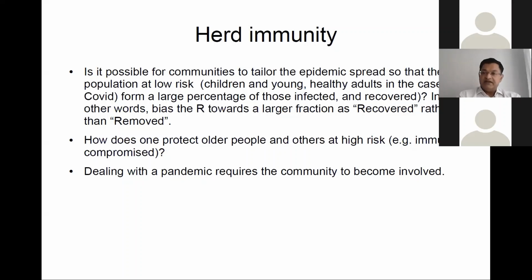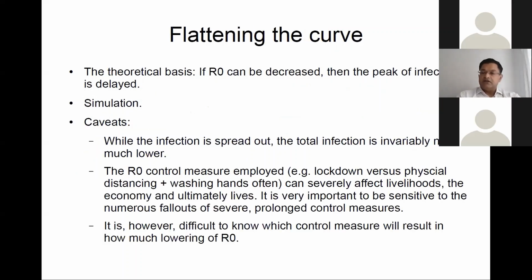Generally speaking, it's definitely true to say that dealing with the pandemic requires a community to become involved, because of the features I just mentioned. Now, there's another notion I'd like to mention, called flattening the curve, which is something we'll be hearing a lot.